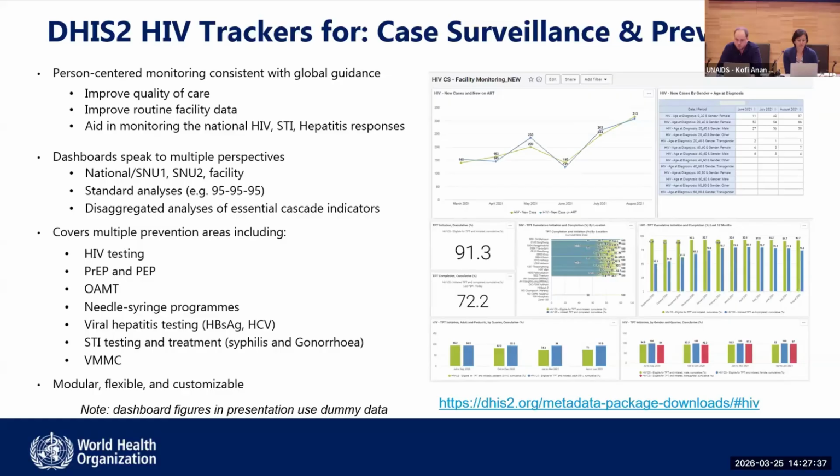There are dashboards that speak to multiple perspectives, whether national, subnational. There are standard analyses such as the 95, 95, 95 global AIDS targets, and there are disaggregated analyses of essential cascade indicators.